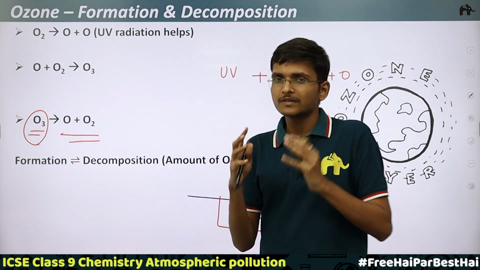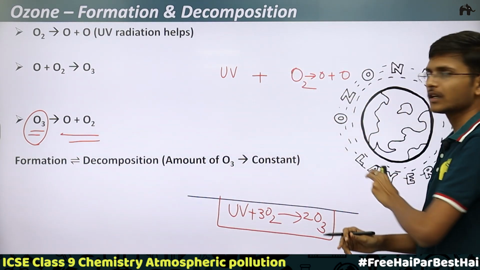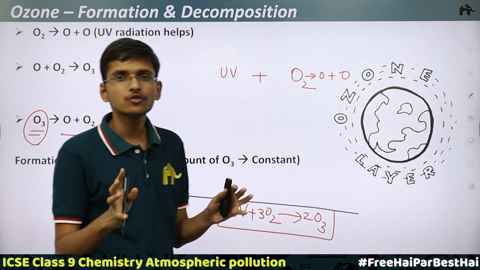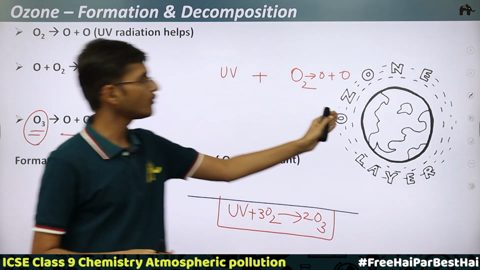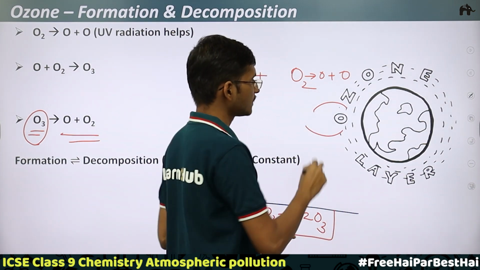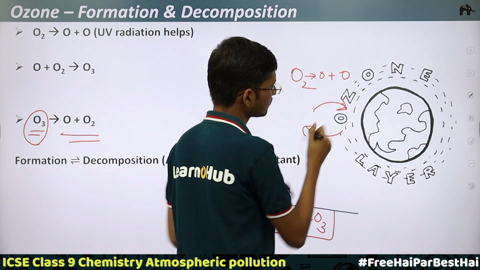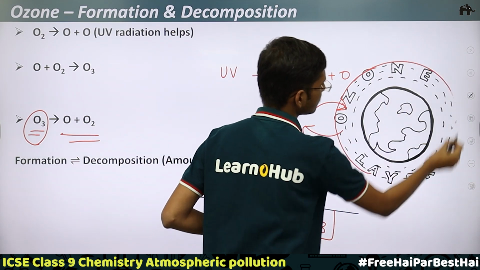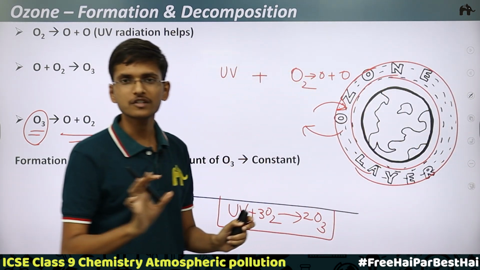They are carried out in such a way in the ozone layer that the amount of ozone is not reducing. Now you can think, ozone is getting formed here, ozone is getting decomposed again. But these two processes, the formation and the decomposition, are balanced in such a way that the ozone which is present is maintained at a constant amount.